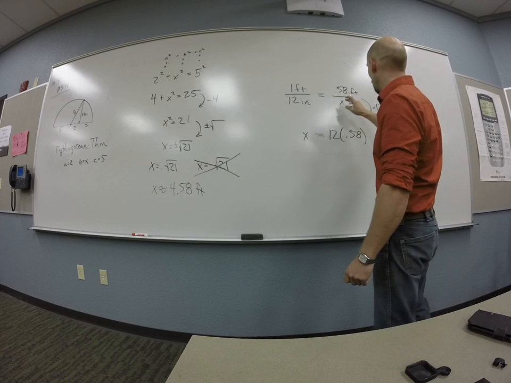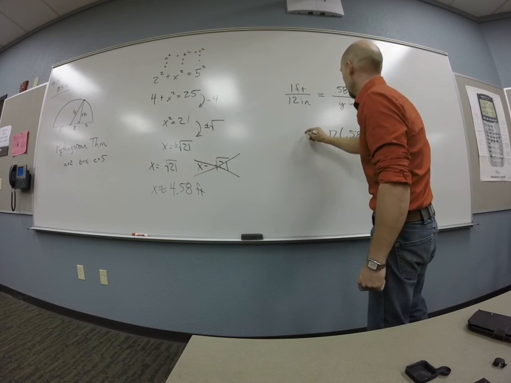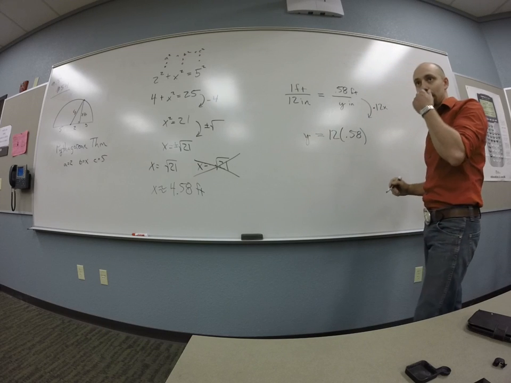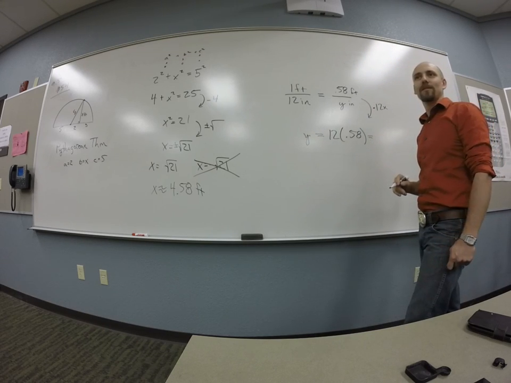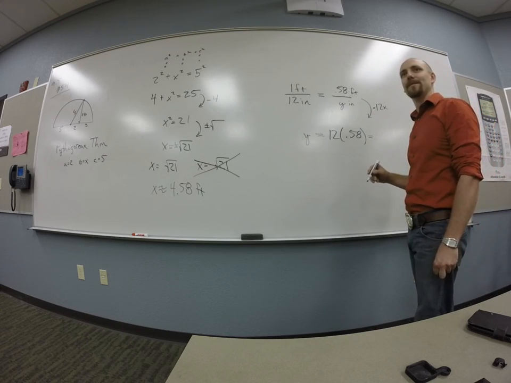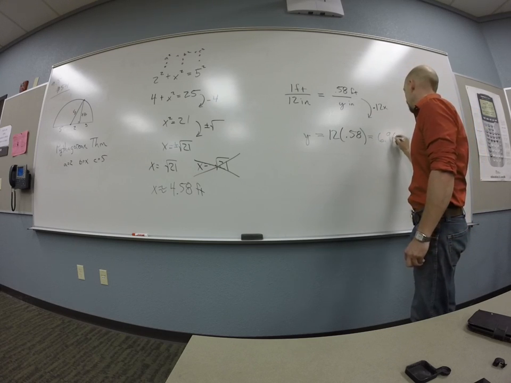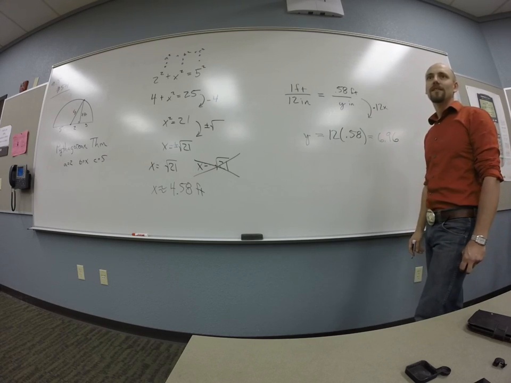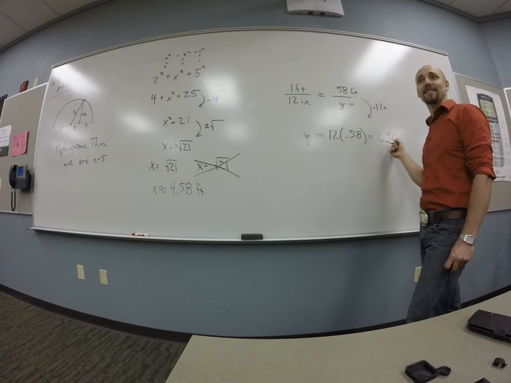Oh, whoops. X is a horrible letter because X meant something over there. How about Y? So what do I get? What's 58% of 12? Yeah, that sounds to me like call it 7, right?